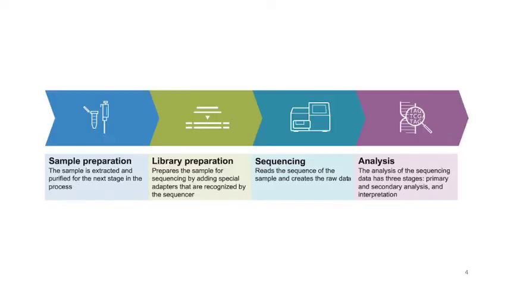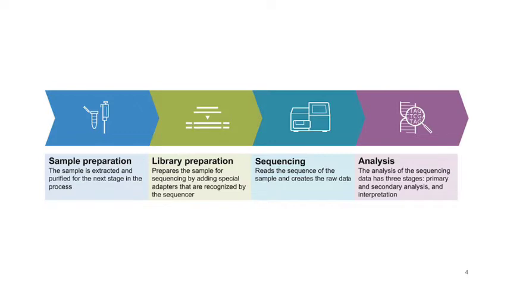As you may have noticed from the learning objectives, sequencing by synthesis consists of many steps. The figure on this slide outlines the steps of next-generation sequencing using the Illumina platform. We start with sample preparation. The nucleic acids need to be extracted from the sample and quantitated.